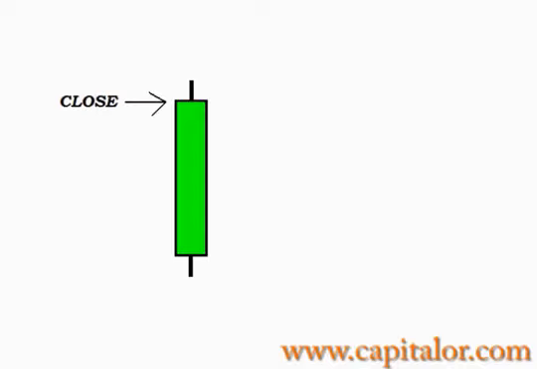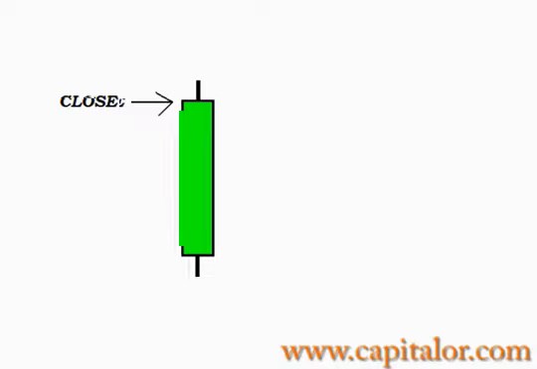The close for a positive candlestick is the upper part of the real body, and the close is the price where that specific candlestick stopped forming, and another candlestick instead began to form beside it.